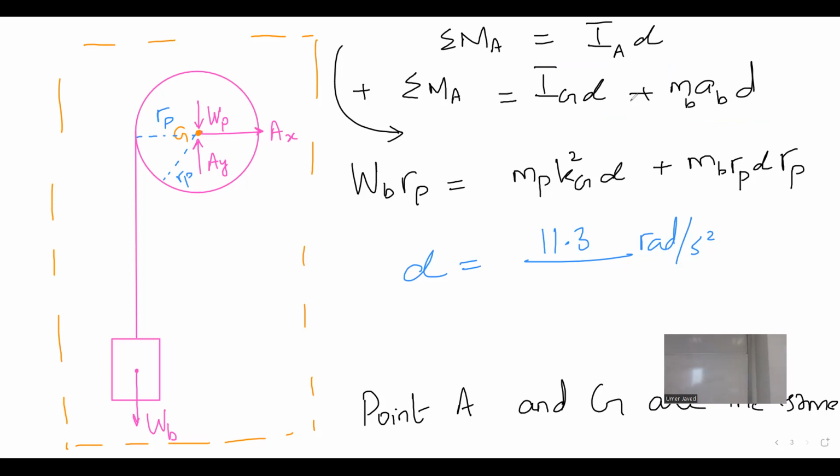So the summation of moments of the whole system's objects about that point A. That's why when I wrote it again, I have to say it will be equal to Ig alpha plus MBAGD. So that's why there is a big box here, that for the whole system, I'm doing the summation of moments about that point A.